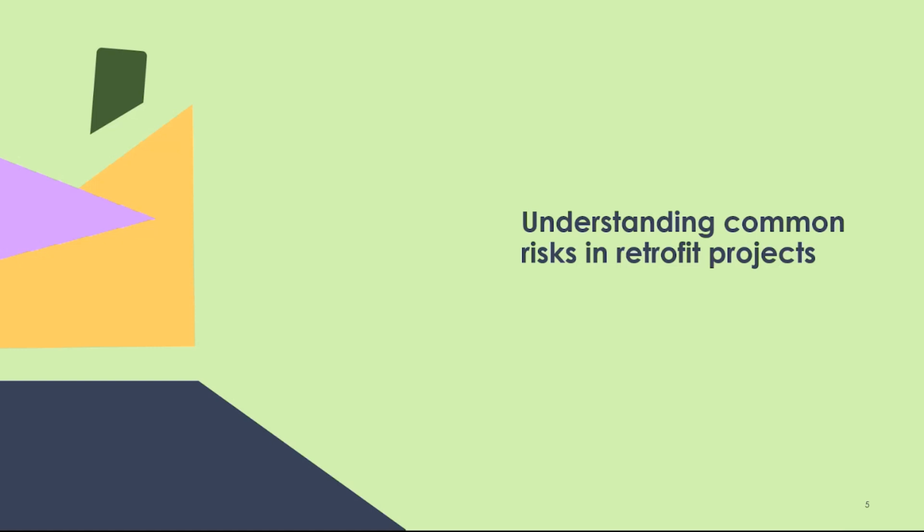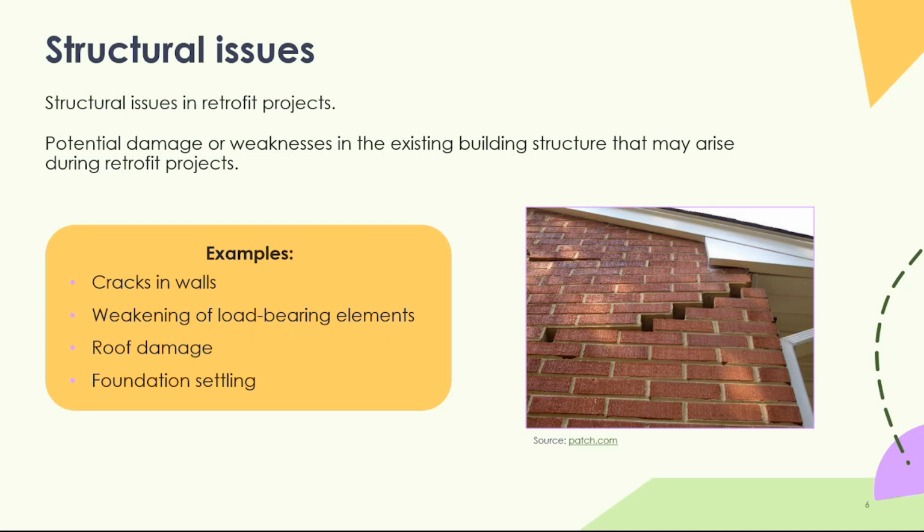So on to the first section then, understanding common risks in retrofit projects. One of the very typical areas that you'll find risk and complication in your retrofit projects is structural issues.